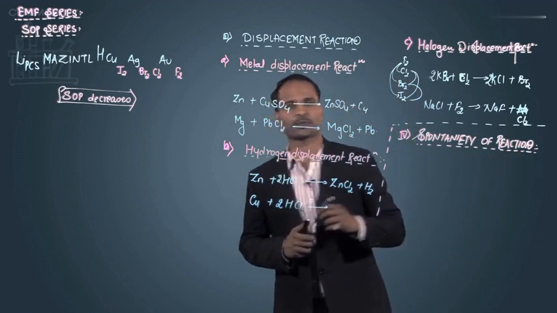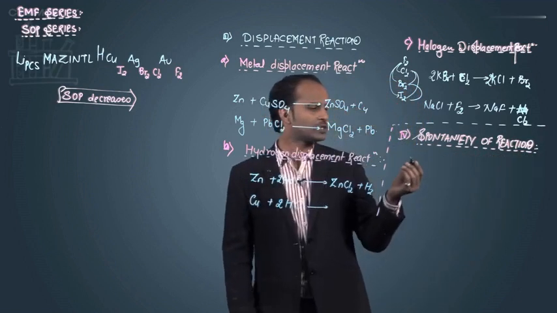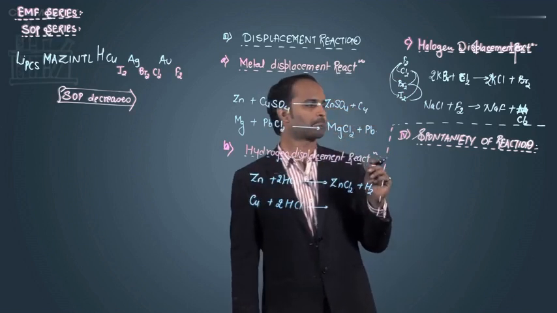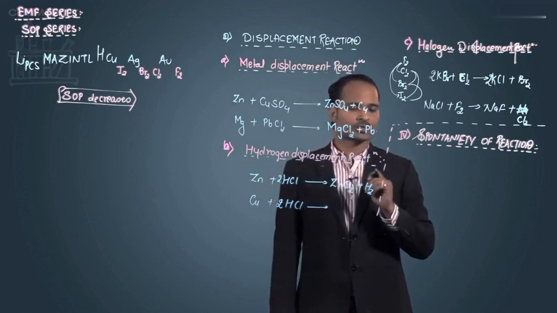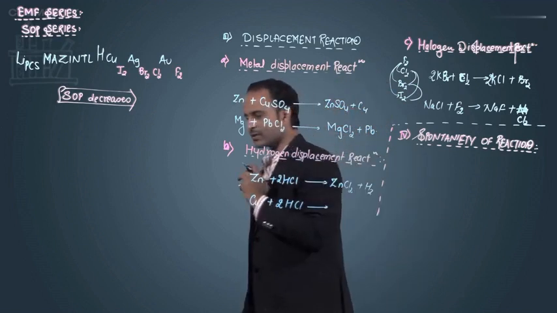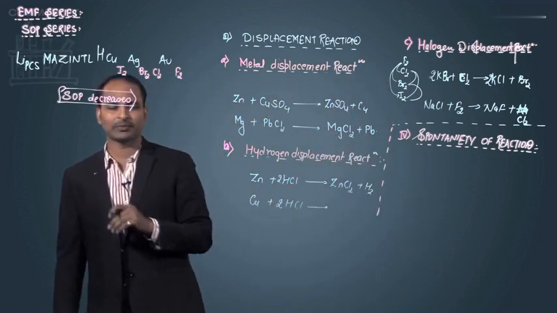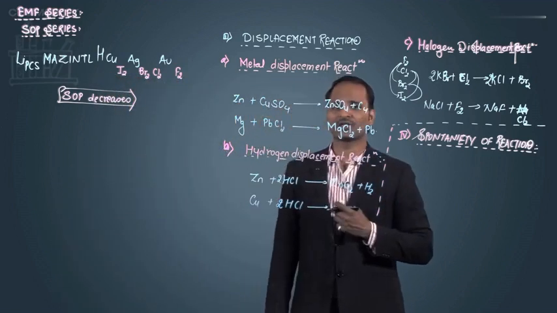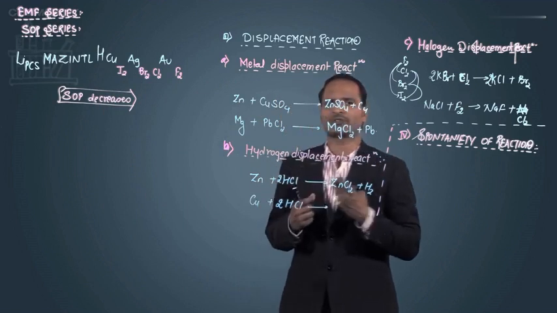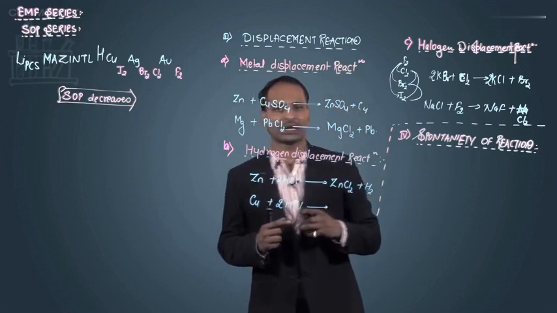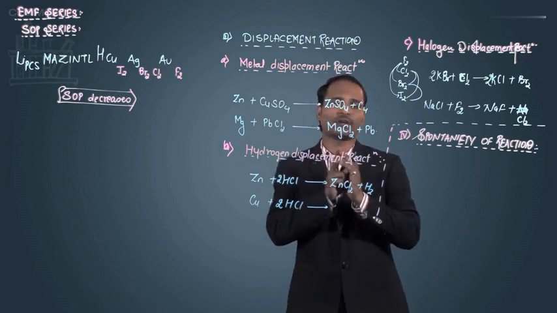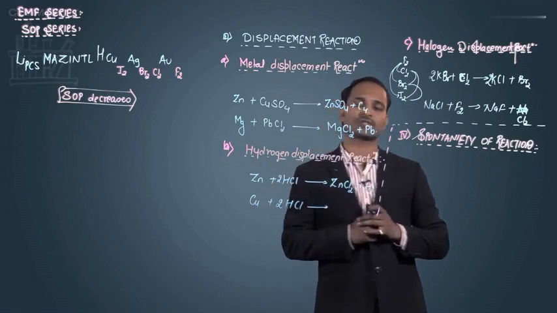Suppose in an exam some reactions will be given, and the question will be which of the following is a spontaneous reaction or which is non-spontaneous. If it is based on a redox reaction, then how do we know whether the reaction is spontaneous or not? Here we are talking about only those reactions which are redox reactions.